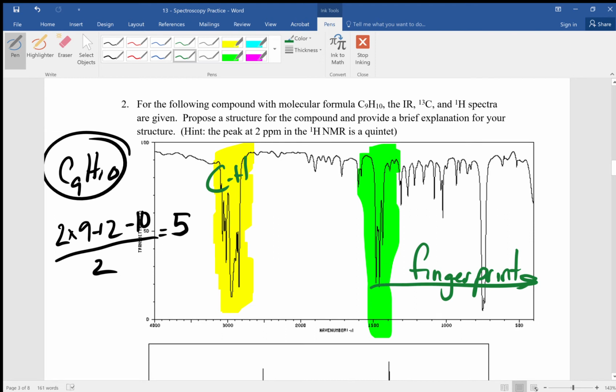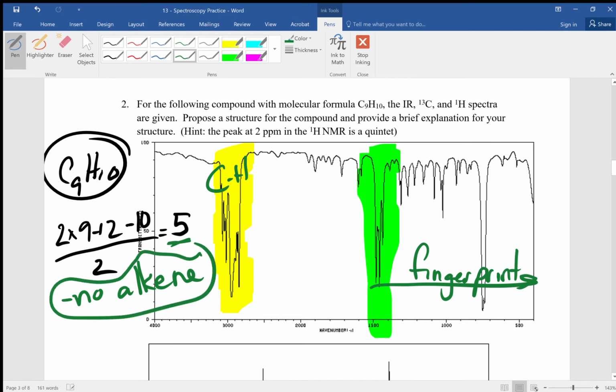So that's actually pretty important, because that suggests that even though our aromatic ring accounts for 4 degrees of unsaturation, we still have one more. And so that suggests to me that there's very likely no alkene. So if there's no alkene, how are we going to account for another degree of unsaturation? Well, that means we're going to need another ring in addition to the aromatic ring.